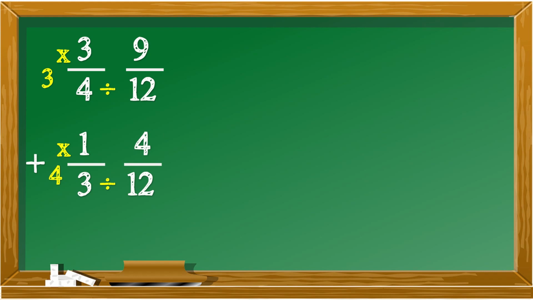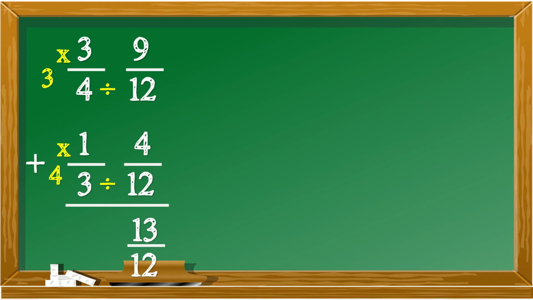We can now add these two fractions because they are now similar fractions. Again, in adding similar fractions, just copy the denominator and add the numerators. 9 plus 4 is 13. We have 13 over 12.